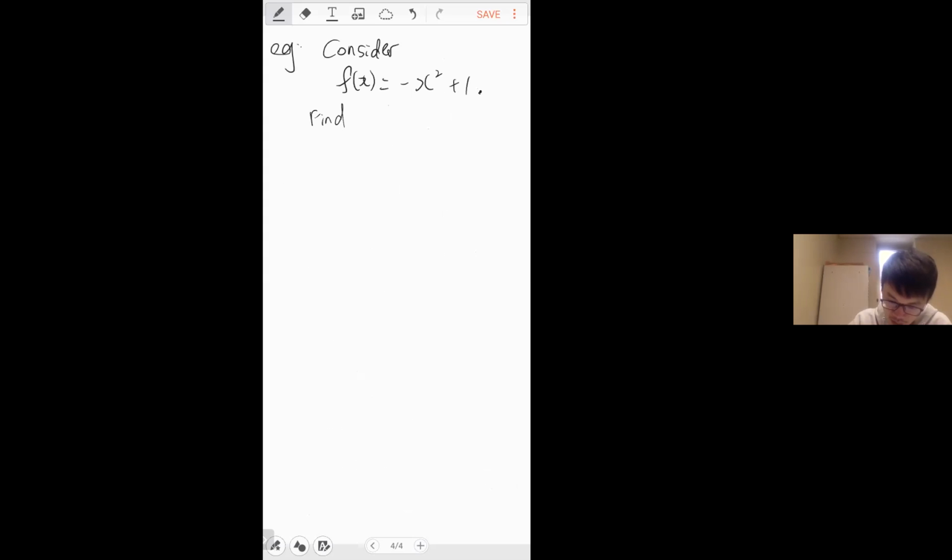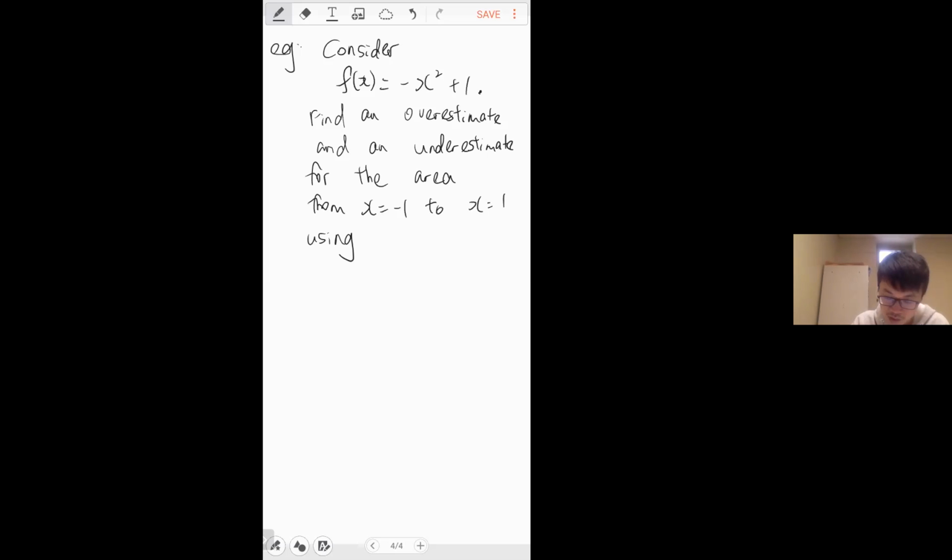Find an overestimate and underestimate for the area under the graph of f of x from x equals -1 to x equals 1 using 4 rectangles of equal width.